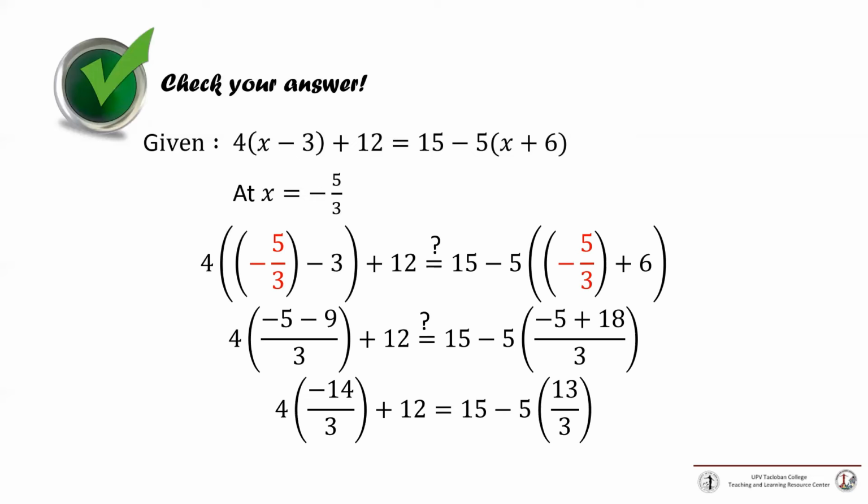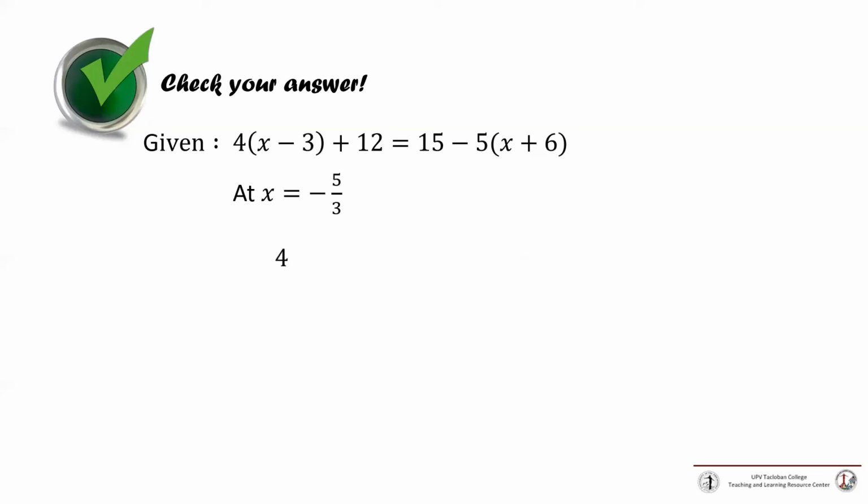So negative 5 minus 9 is equal to negative 14, and then copy the denominator. Plus 12 is equal to 15 minus 5 times the quantity of 13 over 3. Now 13 is from combining negative 5 and 18. So negative 5 plus 18 is 13. And then you proceed.